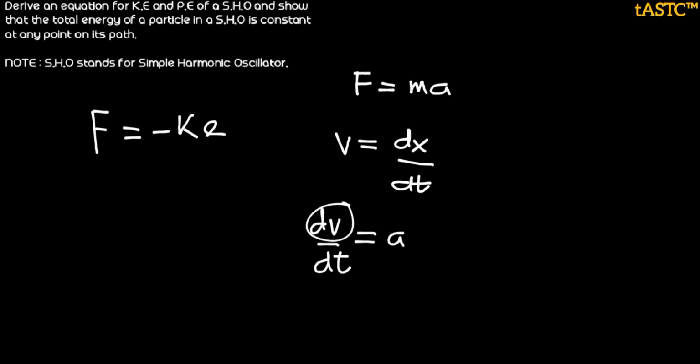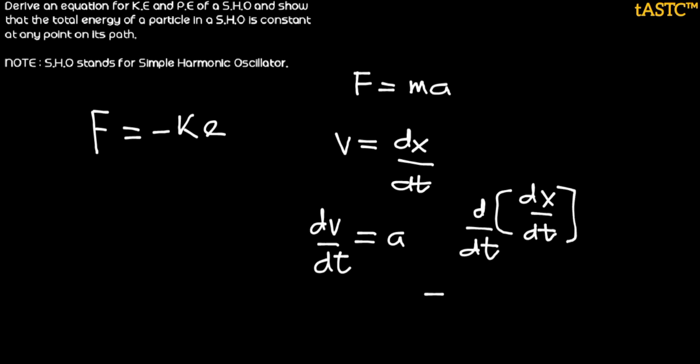We already know that v is dx/dt, so this is d/dt of dx/dt, which is d squared x over dt squared. That means acceleration is equal to d squared x over dt squared.